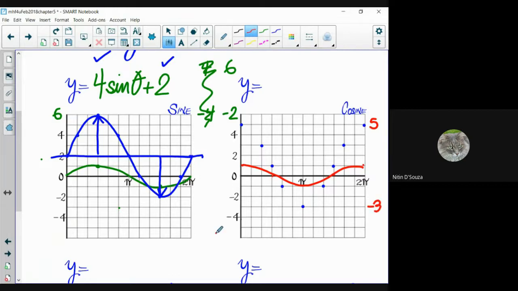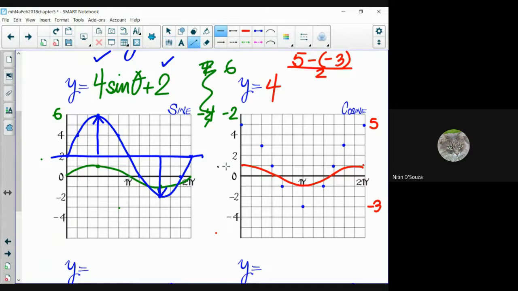You see that? Okay, so to find out the amplitude, it's just high minus low divided by 2. So 5 minus -3. Minus is plus. 5 plus 3 is 8. 8 divided by 2. Amplitude is 4. Can we verify that? Yes.